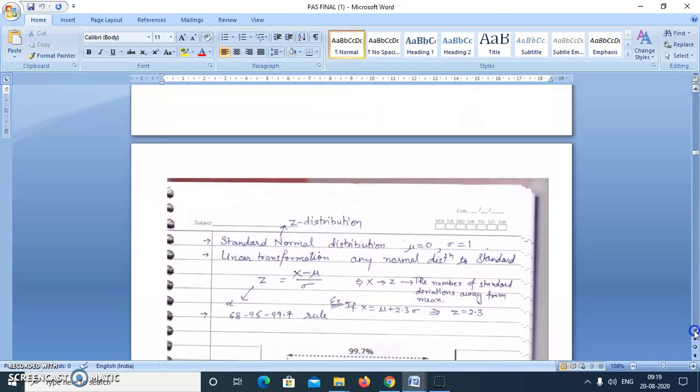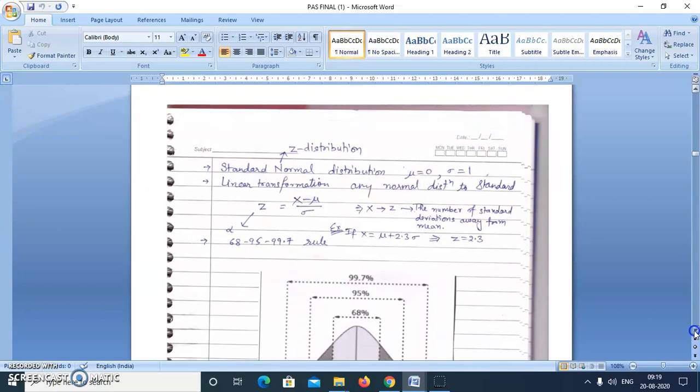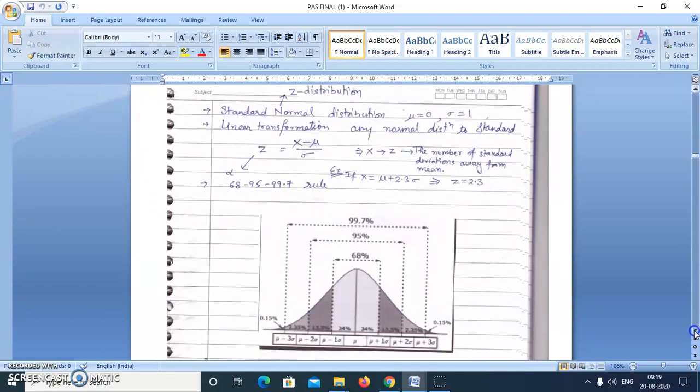Now these terms will be more clear when we do the numerical problems. The mean and standard deviation of different populations and different samples, whatever questions we do, will be different.